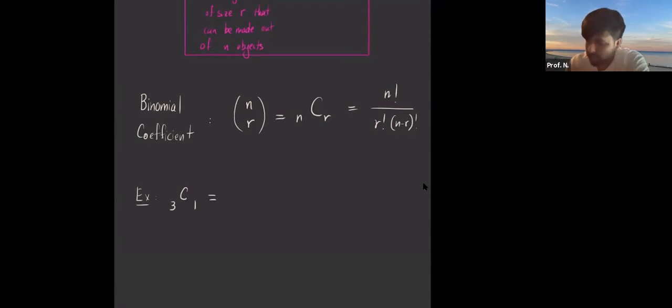Three. Thank you. Yes, that's right. There's three ways. But look at this. How many groups of two things can be made out of three things? We'll save the suspense. It's also three.